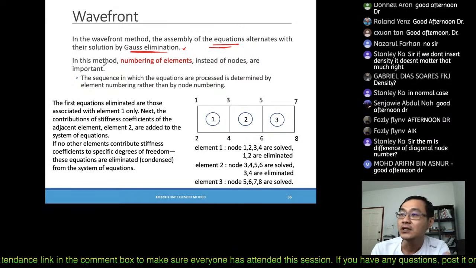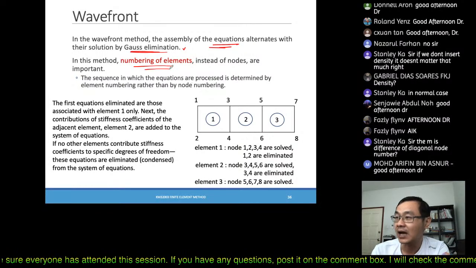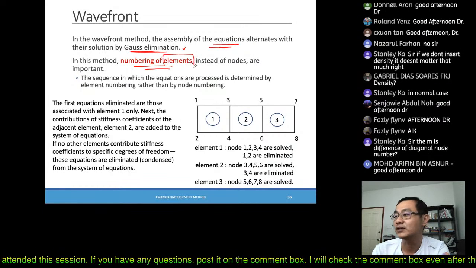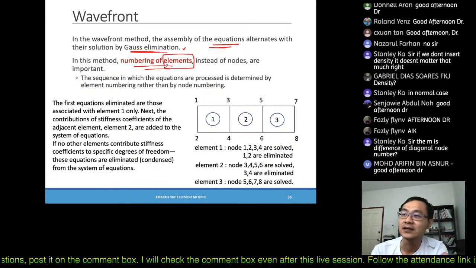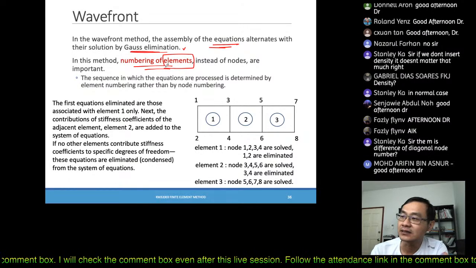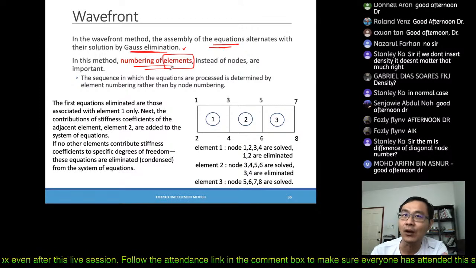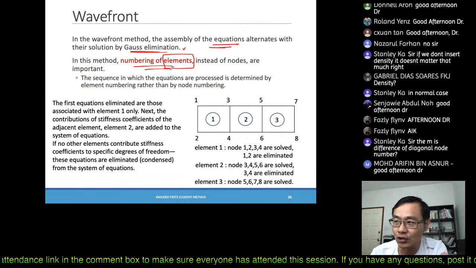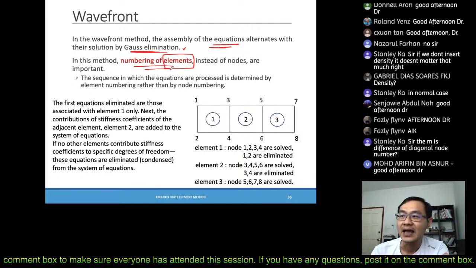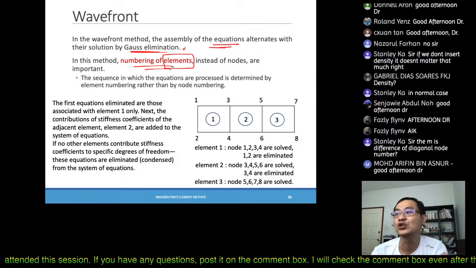So here the numbering that is very important is the element numbering, instead of the node. In the wavefront method the element numbering is more important, because when the program does the simultaneous solutions itself, it is doing it by elements. It cannot do it by node.